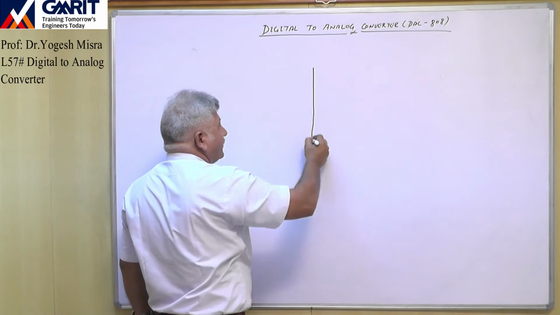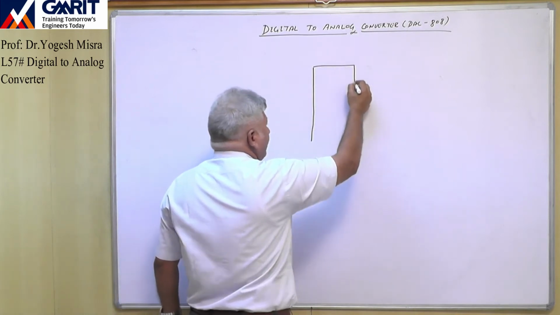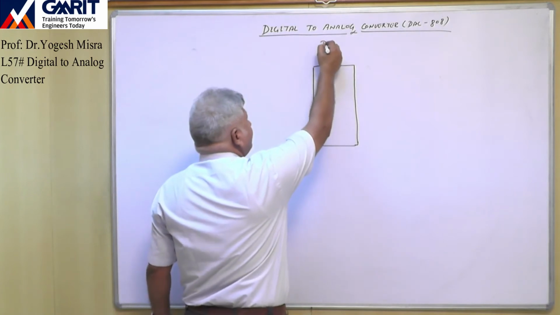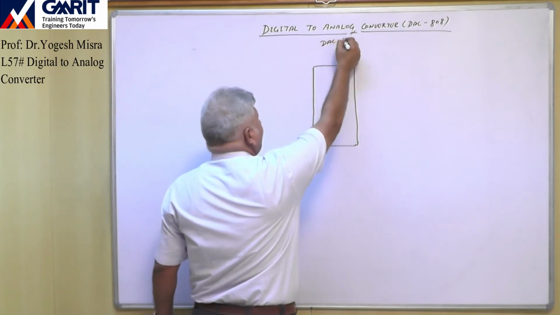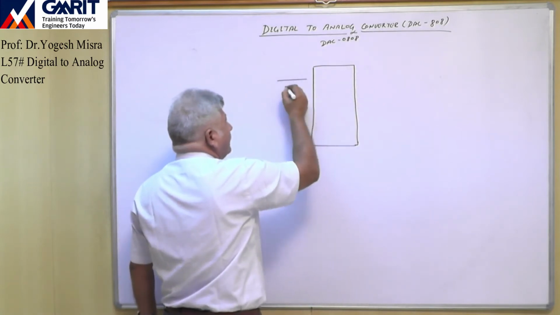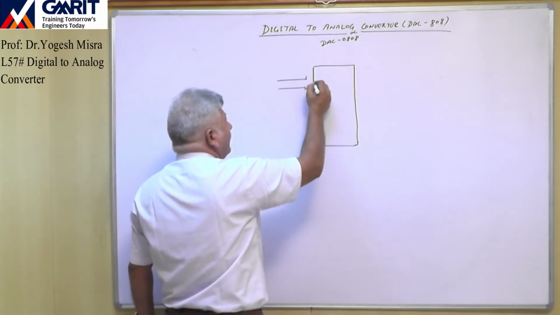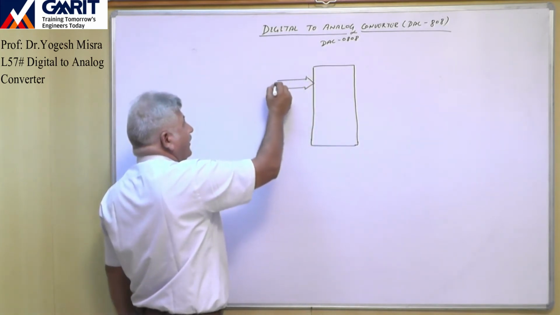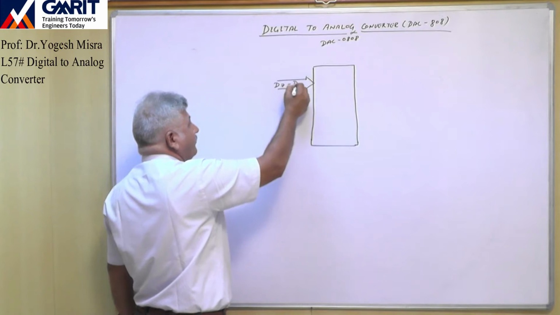So suppose this is our DAC 0808. These are the input lines of this DAC, and there are 8 input lines from D7 to D0.